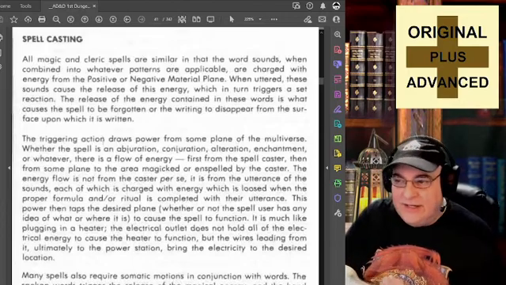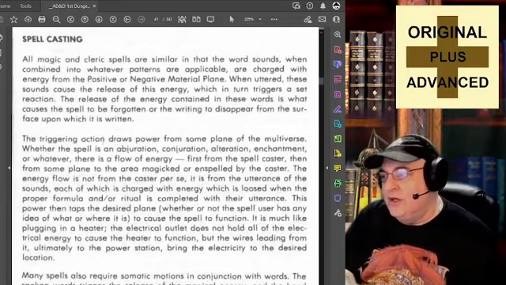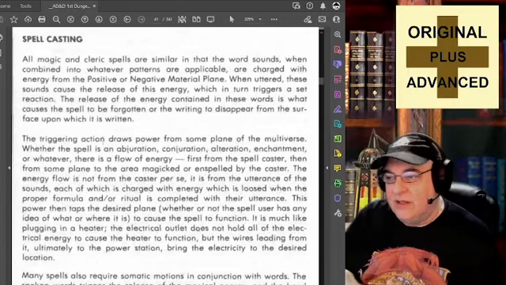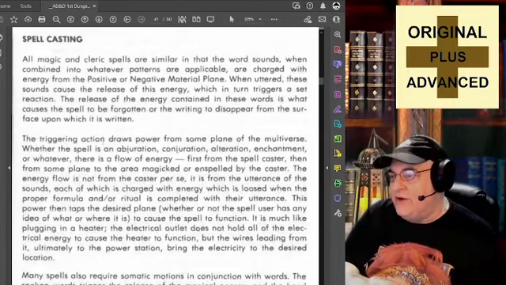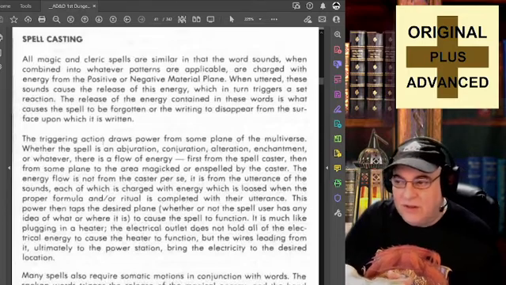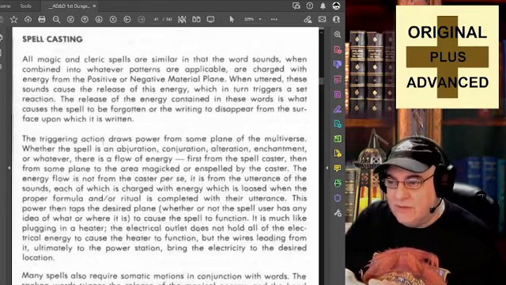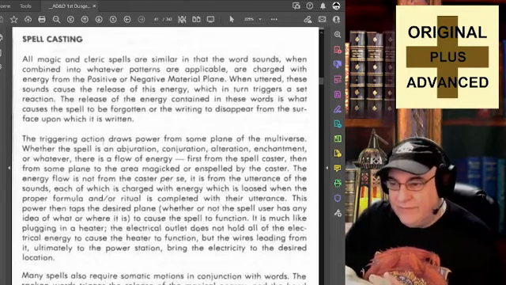When uttered, these sounds cause the release of this energy, which in turn triggers a set reaction. The release of the energy contained in these words is what causes the spell to be forgotten or the writing to disappear from the surface upon which it is written.